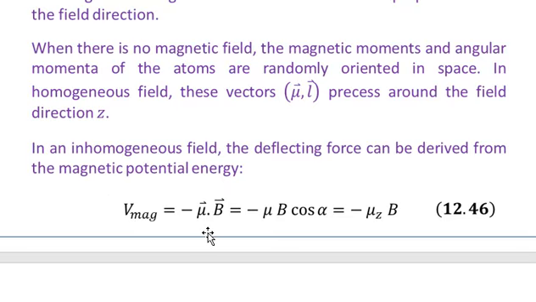When a beam of magnetic moment mu passes through the magnetic field B, the magnetic potential energy V mag will be equal to minus mu dot B. This expression we also considered in the previous lecture, and it is equal to minus mu B cos alpha, where alpha is the angle between the direction of mu and the direction of B. So mu cos alpha can be combined as the z component: mu z represents mu cos alpha, that is, the component of mu in the B direction.